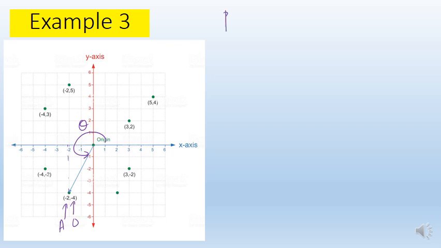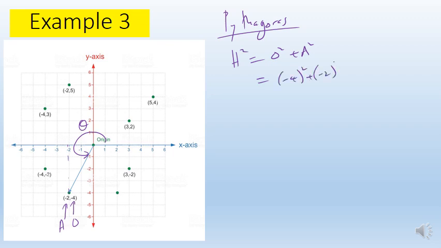So we appeal to Pythagoras again to work out the hypotenuse. Hypotenuse squared is just the sum of the other two sides squared. So minus 4 squared plus minus 2 squared. Watch the use of brackets. That's 16 plus 4, which gives me 20. So the hypotenuse is nothing more than root 20.